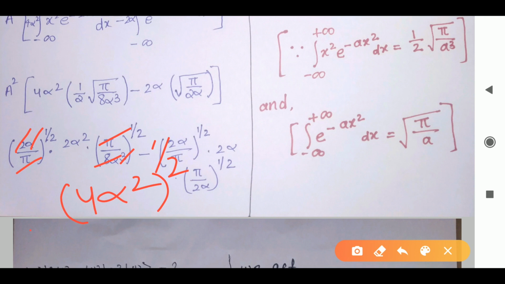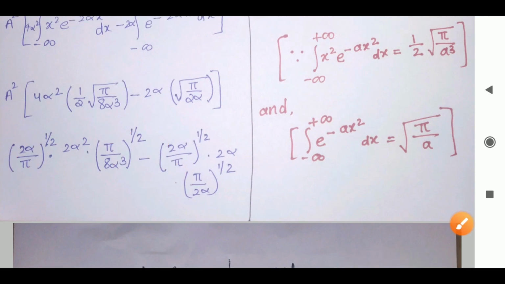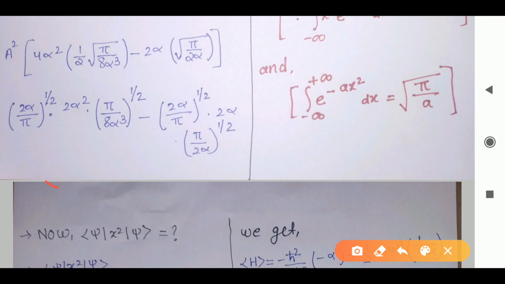What we have got here, root over of 4 alpha square, that is 1 upon this. Okay, after cancelling, and here we have 2 alpha square in multiplication. So when we remove this root, what will we get as the value? We will get 2 alpha. Okay, clear?